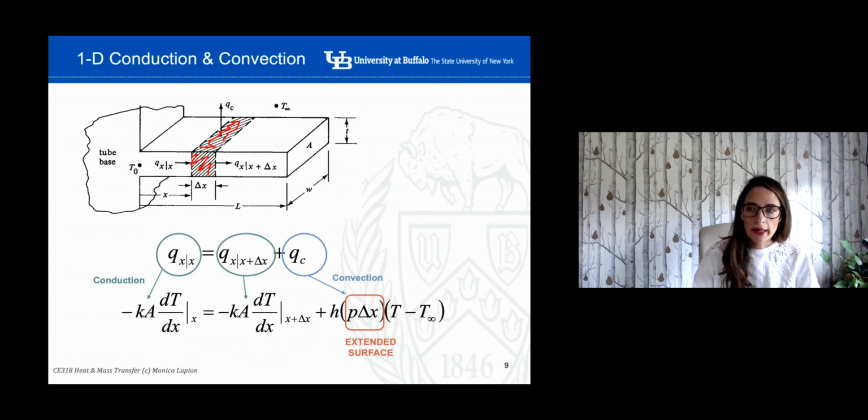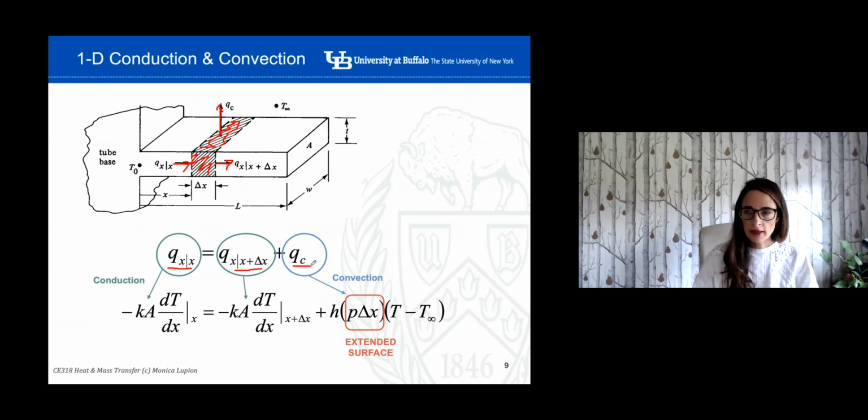If we apply conservation of energy, we can say that the heat getting into this control volume is equal to the heat getting out due to conduction plus the heat getting out due to convection. In this equation, this is the heat getting into the system due to conduction, this is the heat getting out of the system due to conduction, and this is the heat getting out of the system due to convection.